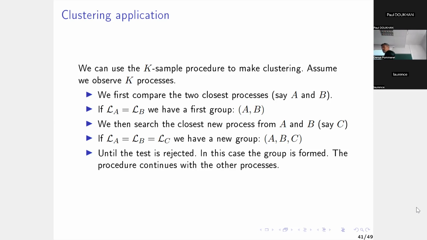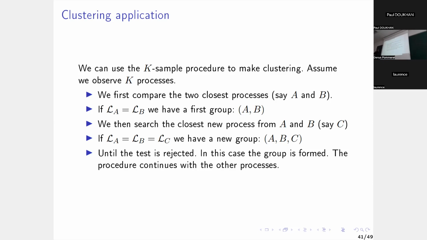I will show you. You have A, B, C, D. These are 4 processes. These ones are the closest. The statistic is the minimal. The minimal statistic is T_AD, the first statistic. I compare.